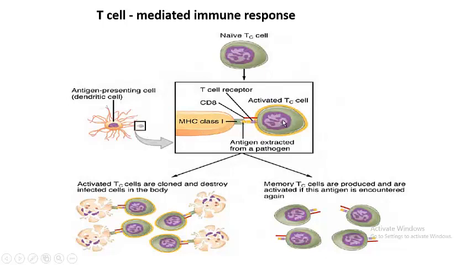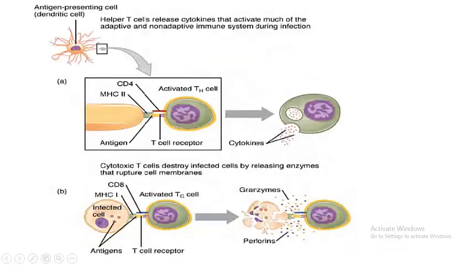Once attached, they get activated, and a lot of clones are produced. Many CD8 cytotoxic T cells are cloned and each directly acts on the foreign particles and destroys them. Similarly, it also produces memory cells, which will be used in case there is a secondary attack.